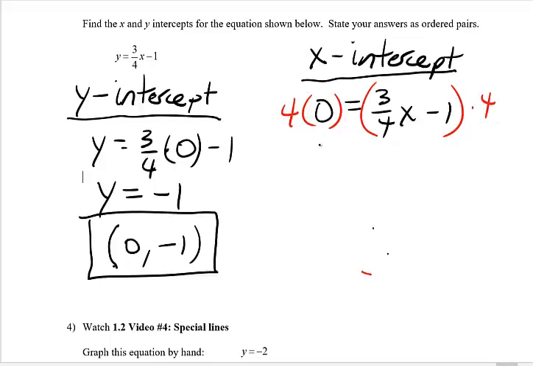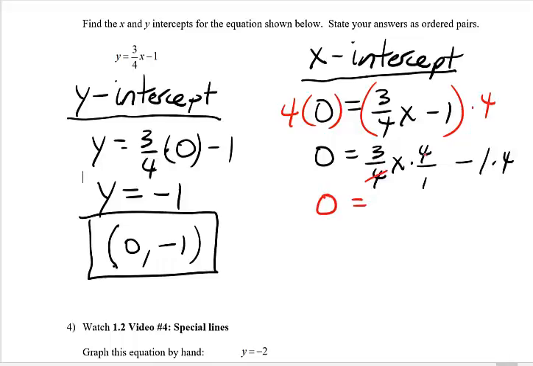On the left, 4 times 0 is just 0. On the right, let's distribute that 4 so we don't make a mistake. I need to multiply the 3/4 x by 4, and multiply the 1 by 4. So that gives me 0 equals, here the 4's cancel, leaving 3x, and then 1 times 4 is 4.